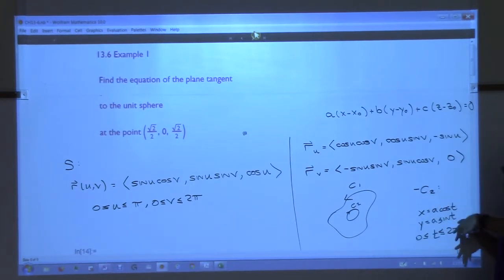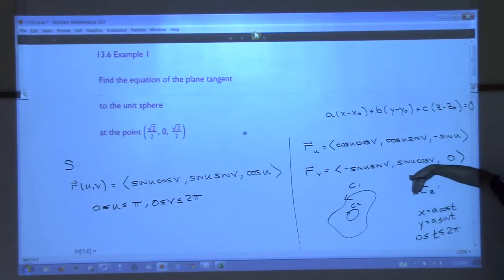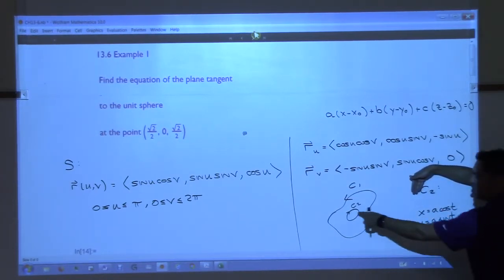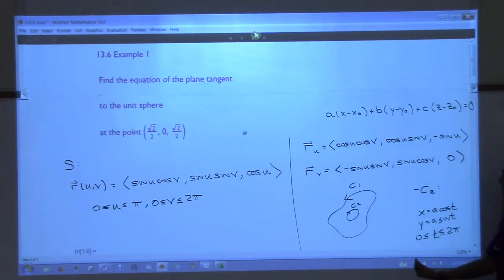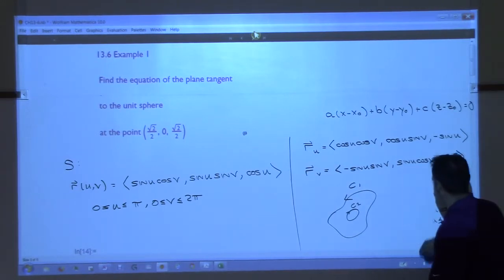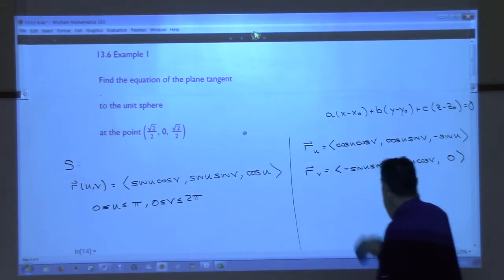It was after I finished the problem. So anyways, that notation, if you go back and look at the notes, should have been negative right there. I just put positive. So that would not be the correct representation because this is clockwise. Negative C2 is counterclockwise. So I was just thinking about that, and I was going to go back and look at what I said, and that's what it was. So, okay, sorry, I just remembered that.